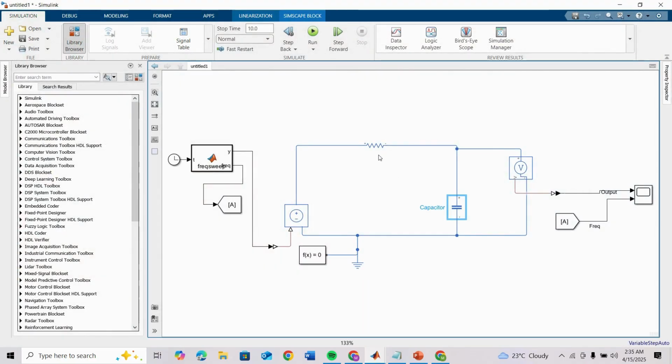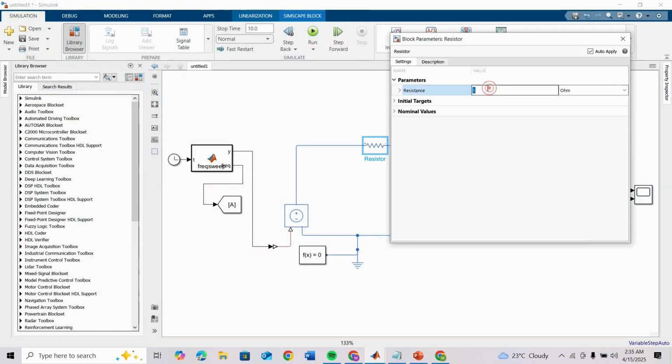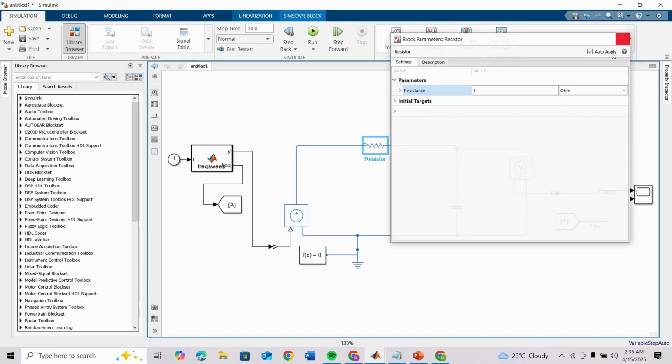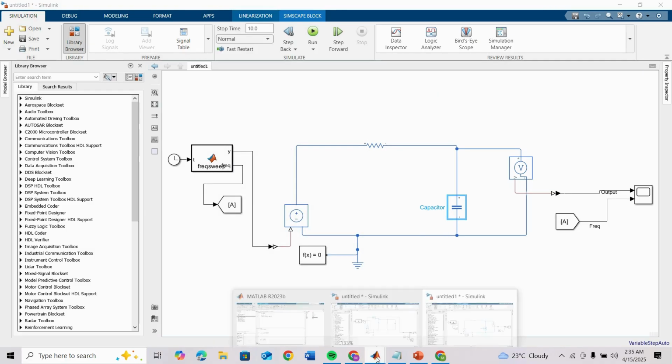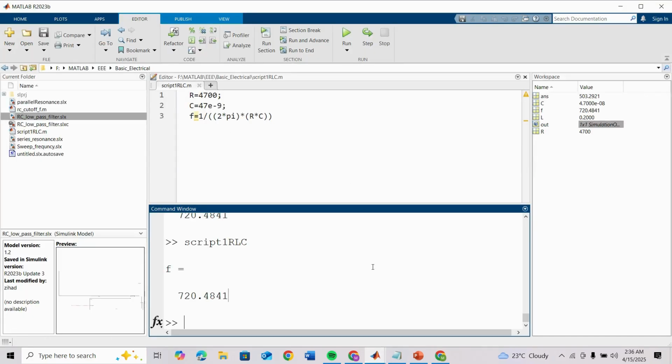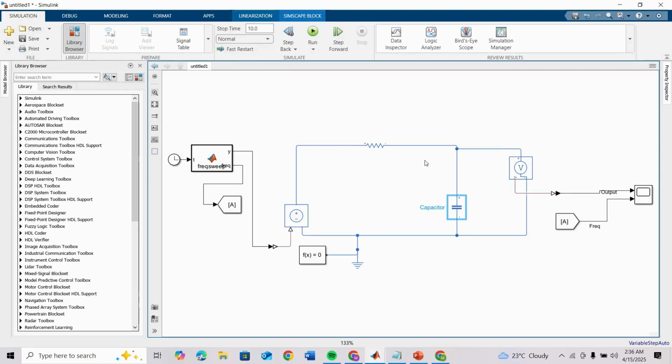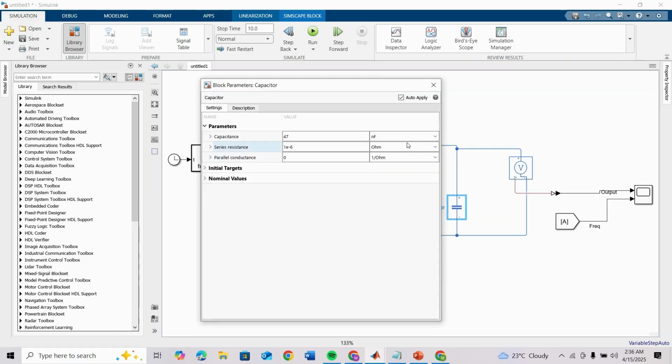So R is 4.7 kilo ohm, and C is 47 nanofarad. Let's check it again, 47e-9. Okay, it's okay.